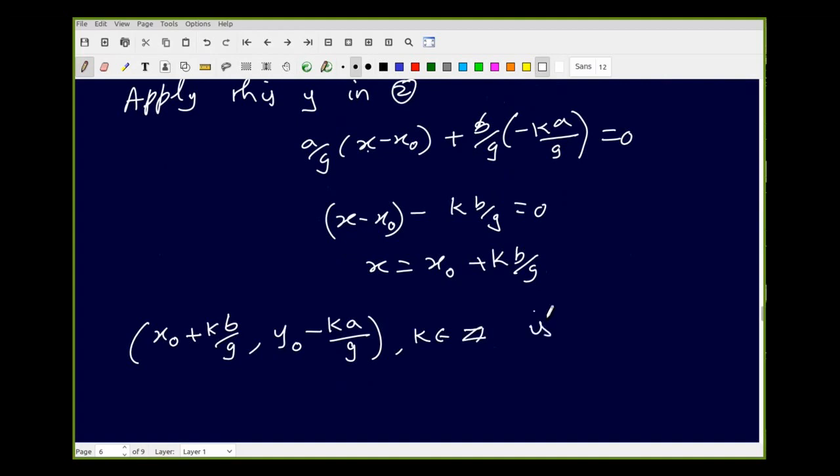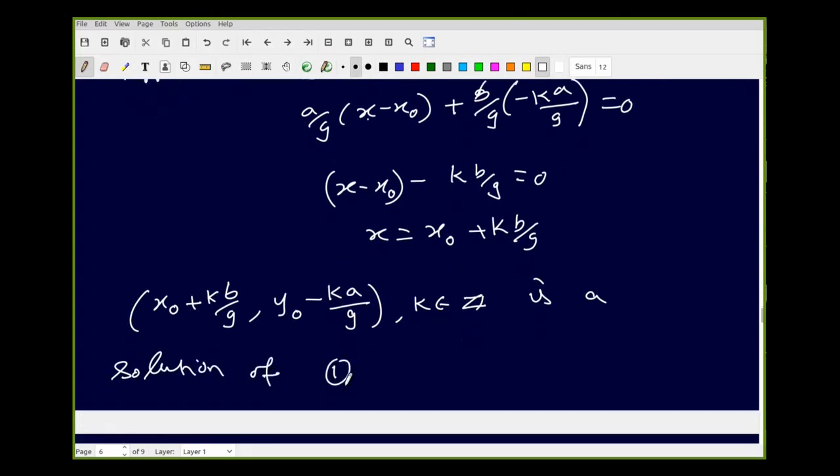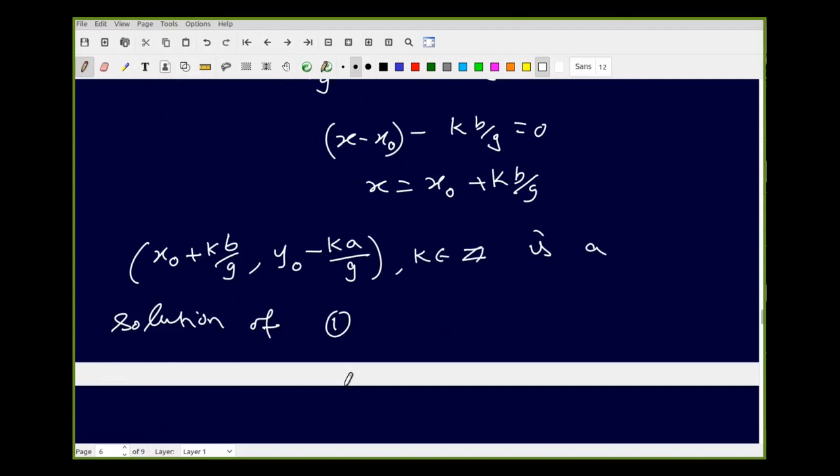It is a solution of equation 1. So we have found that any solution is in this form. The set of all solutions is in this form, and this is clear, right?